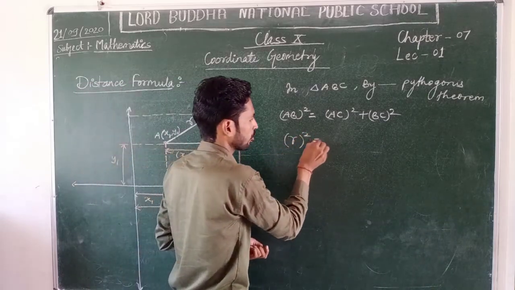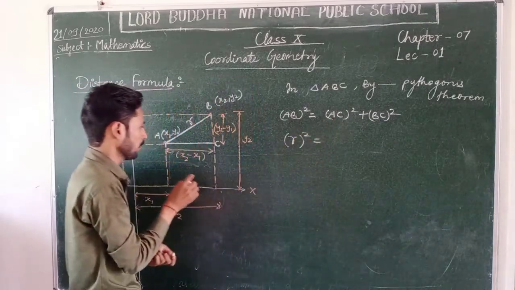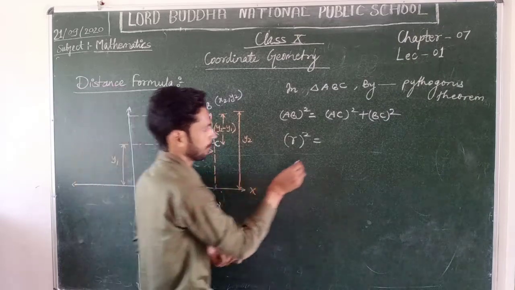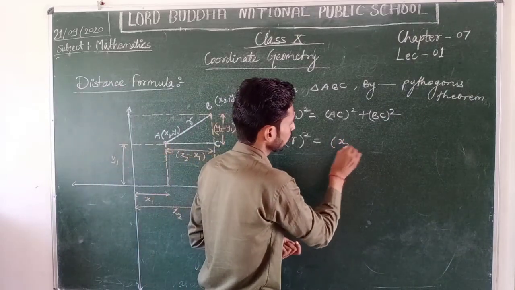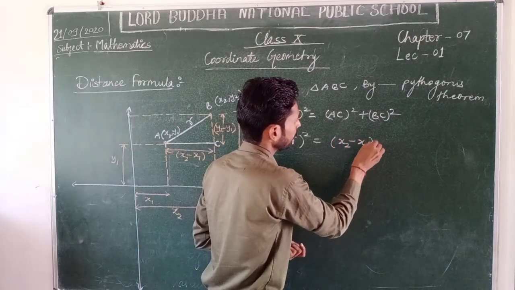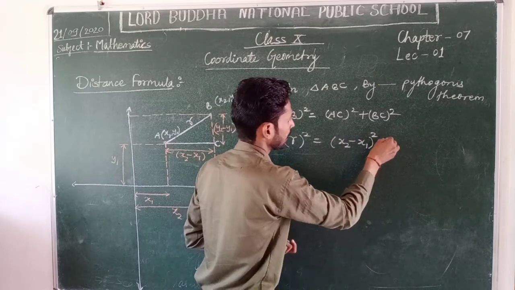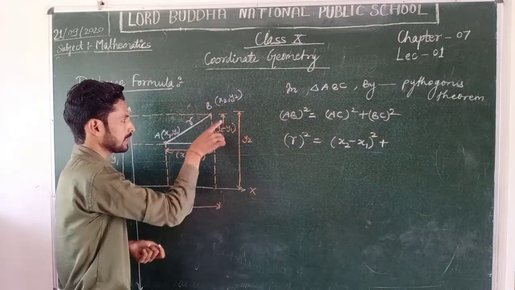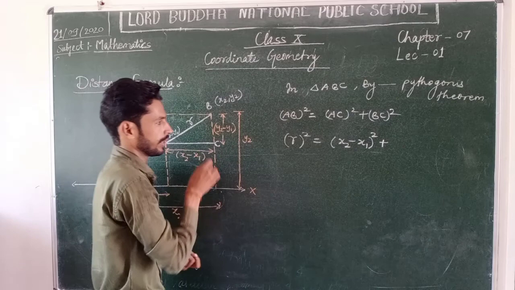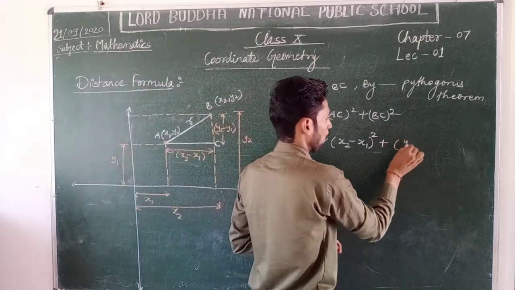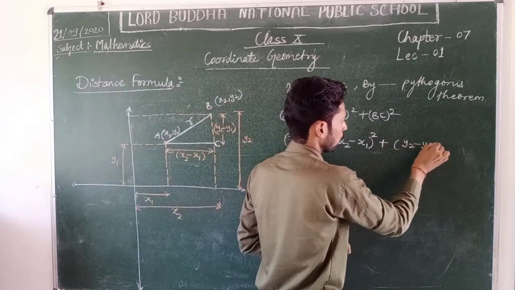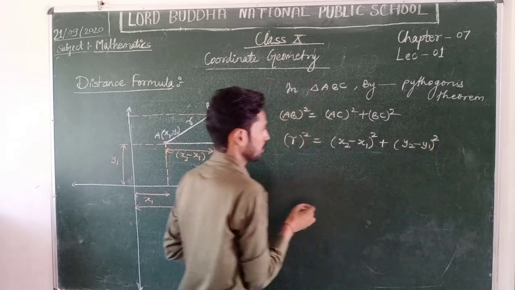So R square equals, in place of AC, we can put x2 minus x1, so right here, x2 minus x1 whole square, plus, in place of BC, the y2 minus y1, so right here, y2 minus y1 whole square.